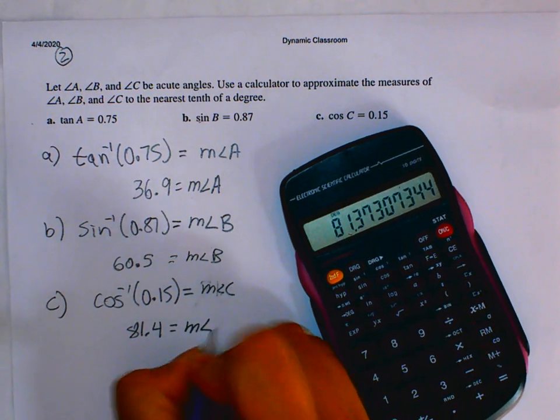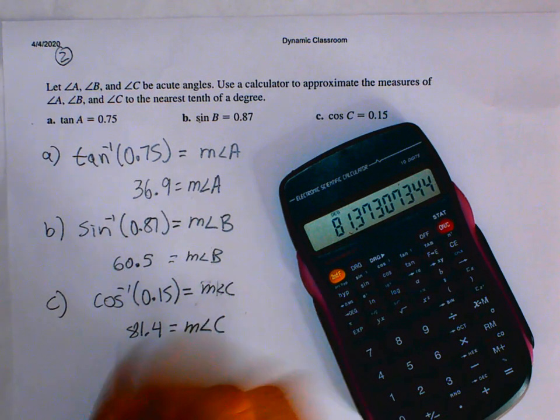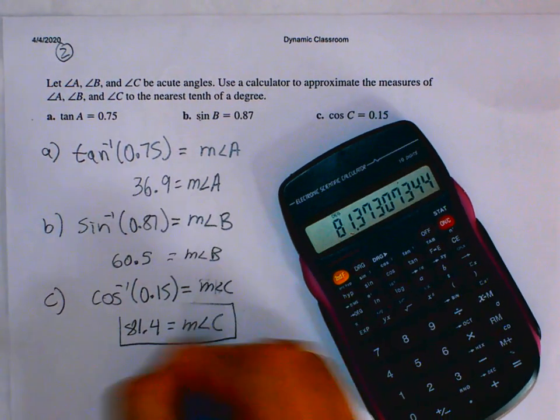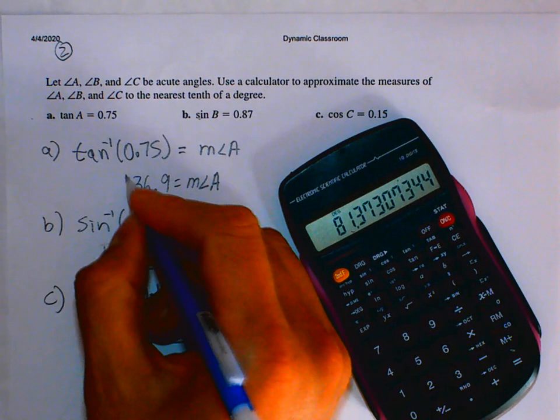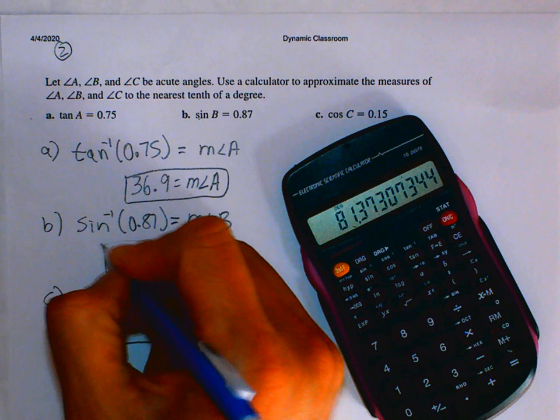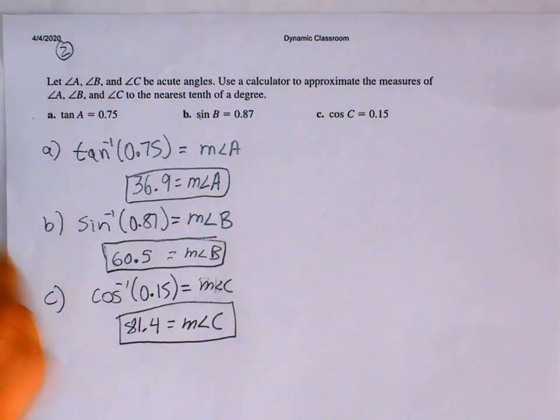So that's the measure of angle C. So I have solved for all three of the angles that I was asked for. It's not an official answer if it's not in the box, you know. And that's example number 2.